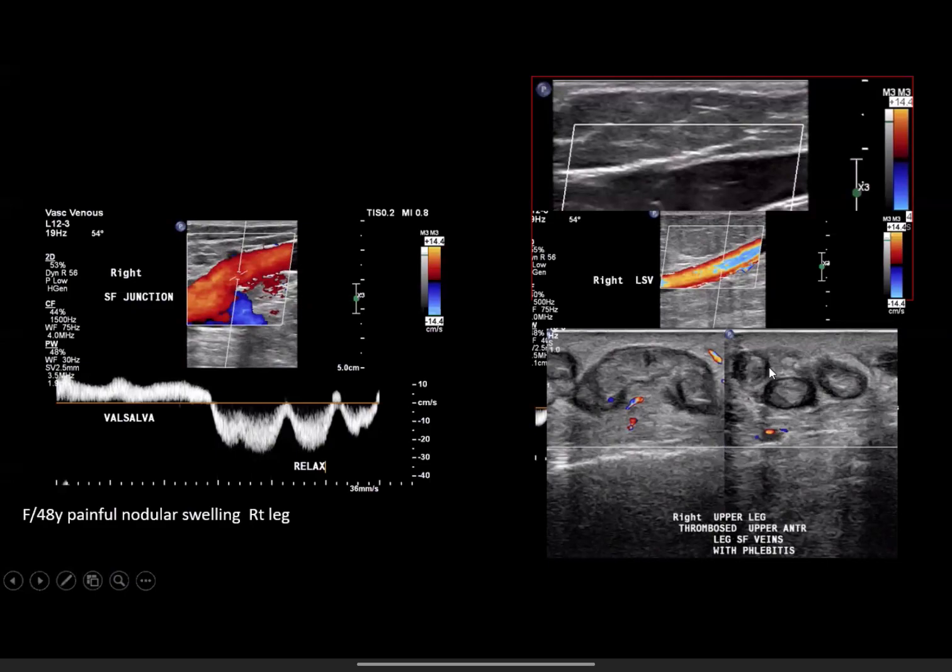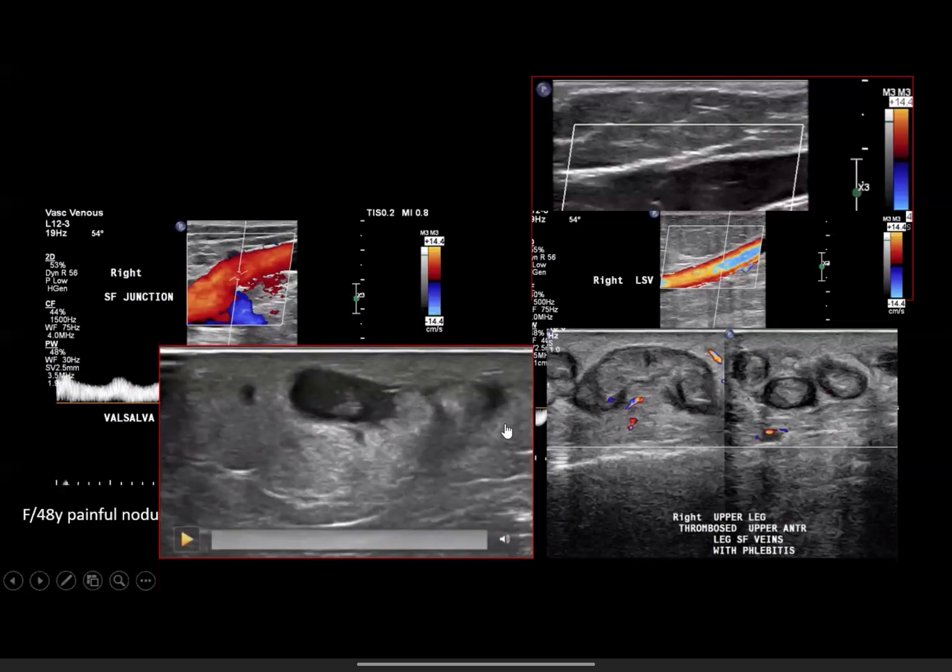So thrombosed varicose veins with incompetence of the saphenofemoral junction, and we can also see the reversal of the flow within the great saphenous vein with venous insufficiency in the great saphenous vein.